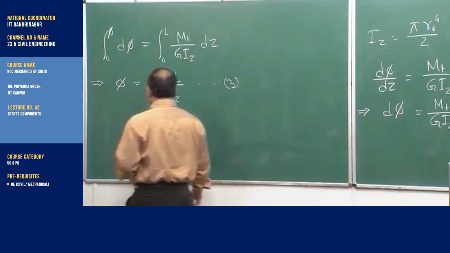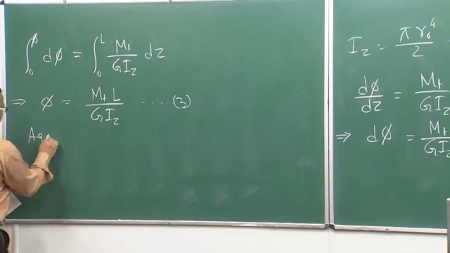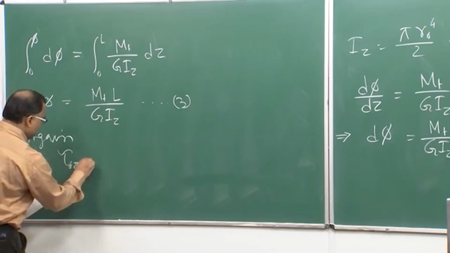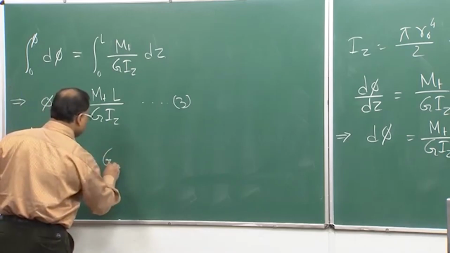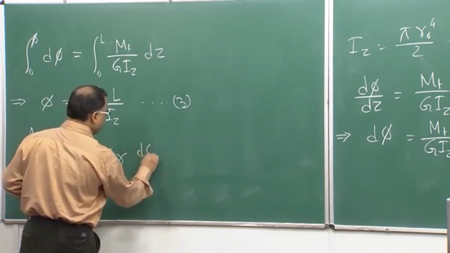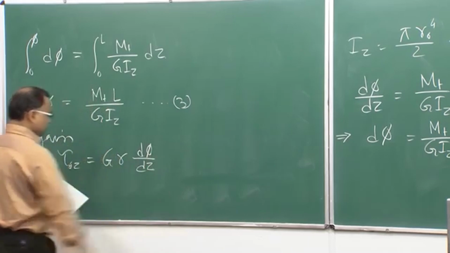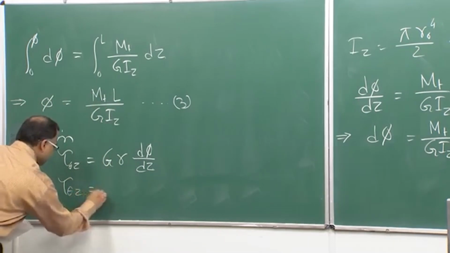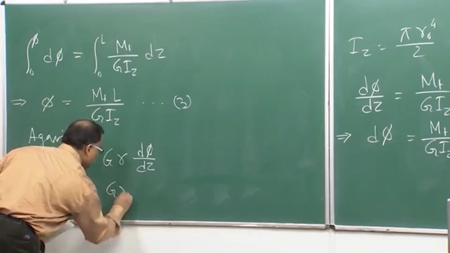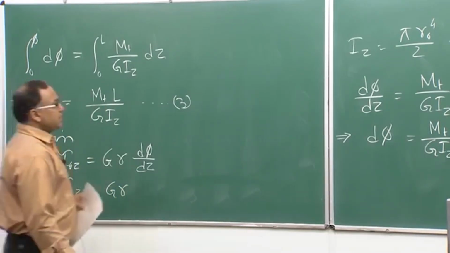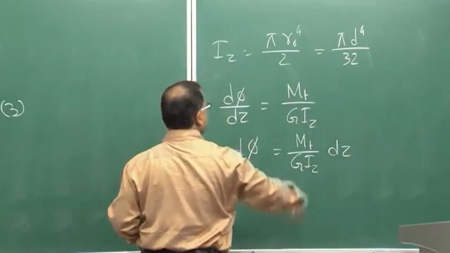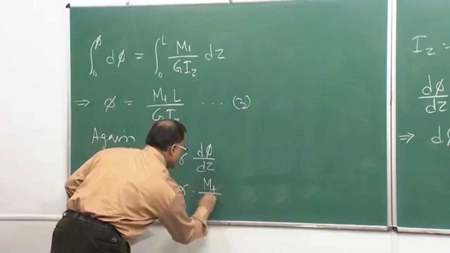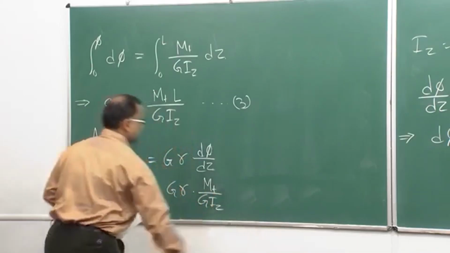Now, again going back to the expression tau theta z, already we have seen G r d phi dz. From this I can write tau theta z equal to G r, and instead of d phi dz I am writing mt by G I z.